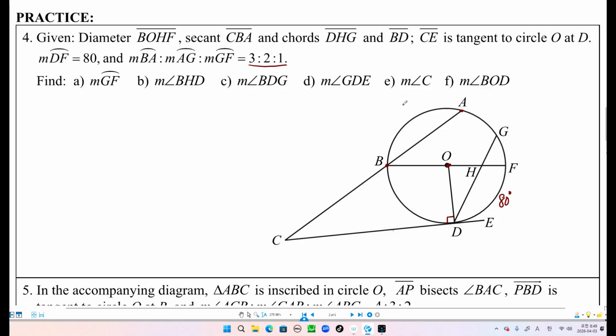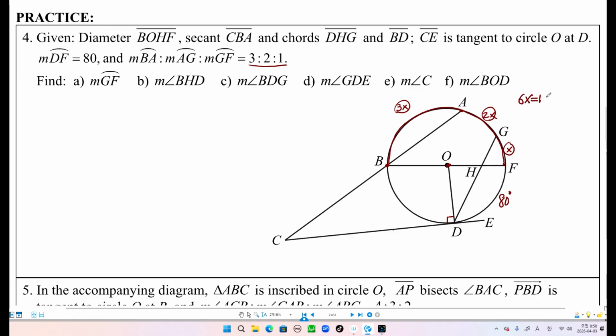If this is 3x, and GA is 2x, this is x. So the measurable arc of the semicircle is 180, we know that, right? Maybe you can figure out the value of x. 3x plus 2x plus x is what? 6x.